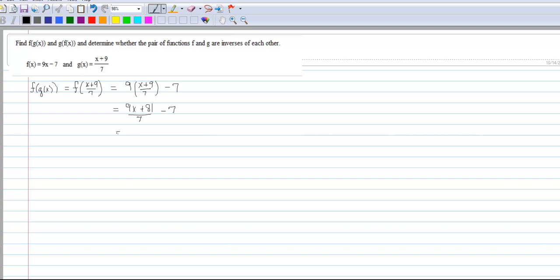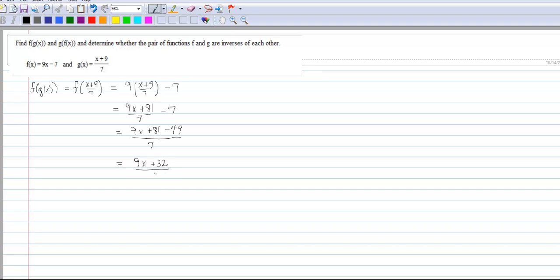And now we're going to find a common denominator, which is 7. And that would be a minus 49, and it's all over 7. And our last thing we can do is combine like terms, and we get 9x plus 32 over 7.